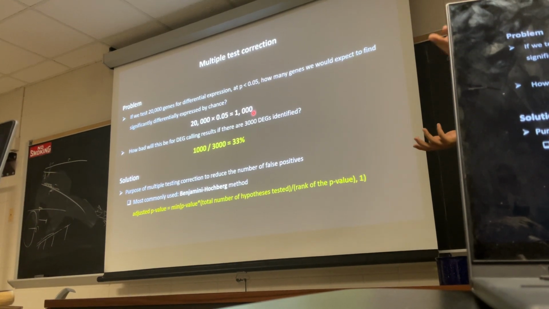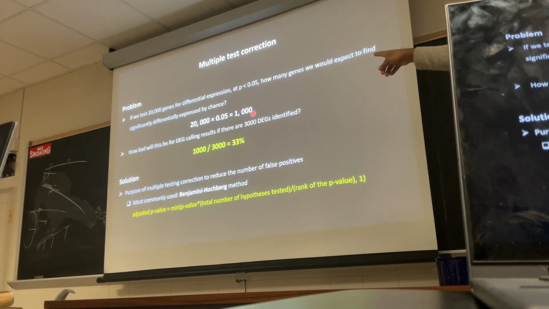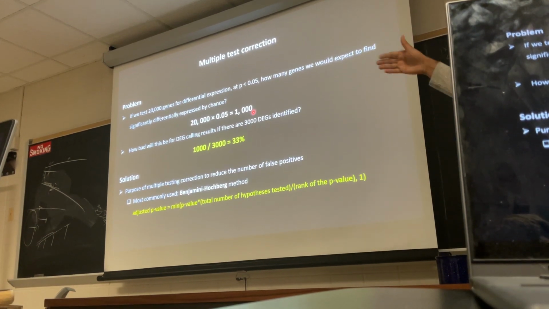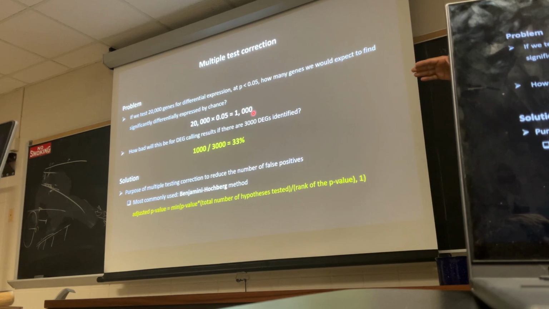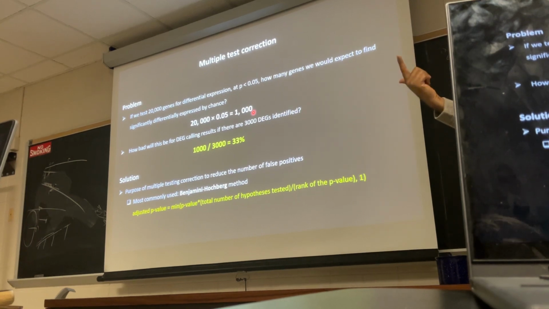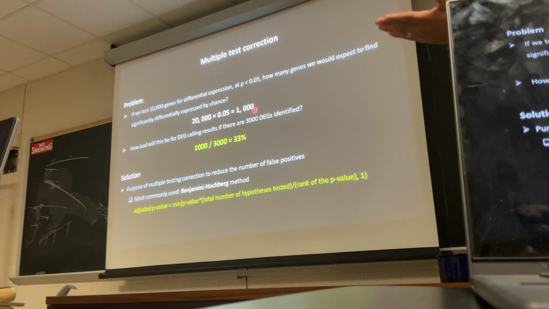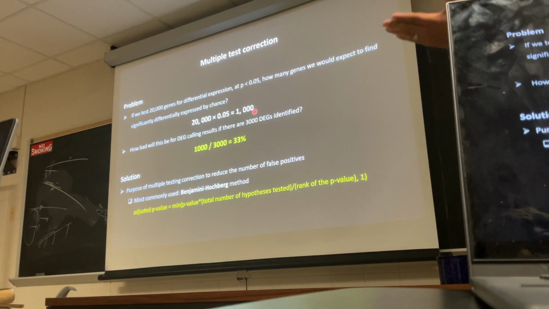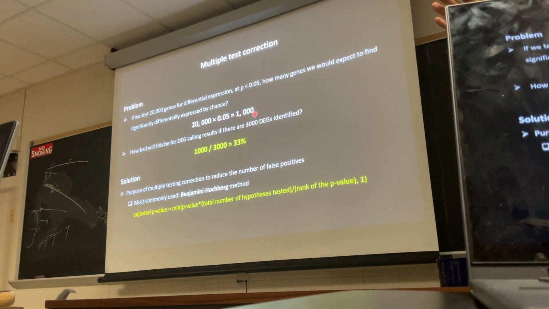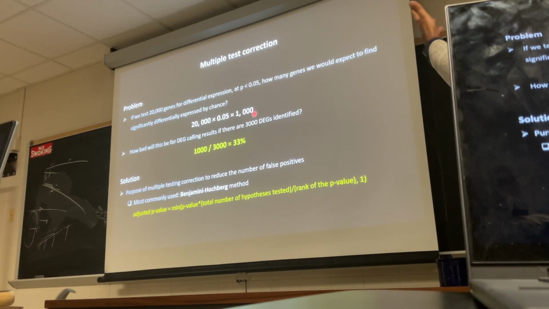That's the meaning of p-value. So out of 20,000 genes, which is the average number of protein coding genes in one organism, 1,000 genes will be called by any statistical tool as differentially expressed, no matter what. You don't have to have any treatment. That's what the p-value 0.05 means.